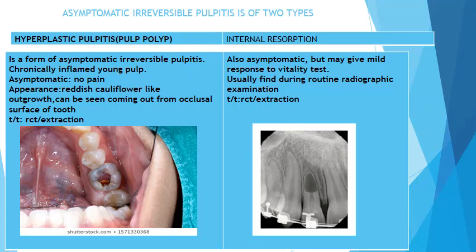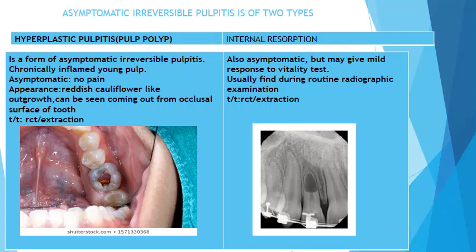It is a reddish cauliflower-like outgrowth, which can be seen coming out from the occlusal surface of the tooth, like you can see in this picture. So this is asymptomatic irreversible pulpitis. If you see such a picture given, you have to answer this is pulp polyp, hyperplastic pulpitis, or a form of asymptomatic irreversible pulpitis.